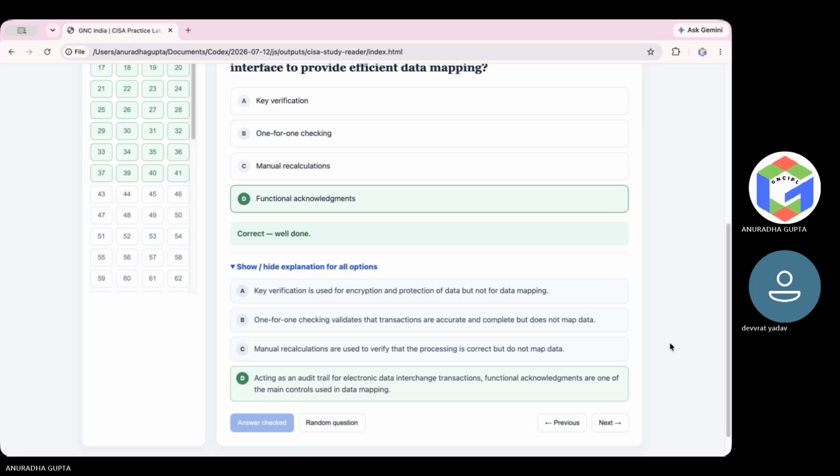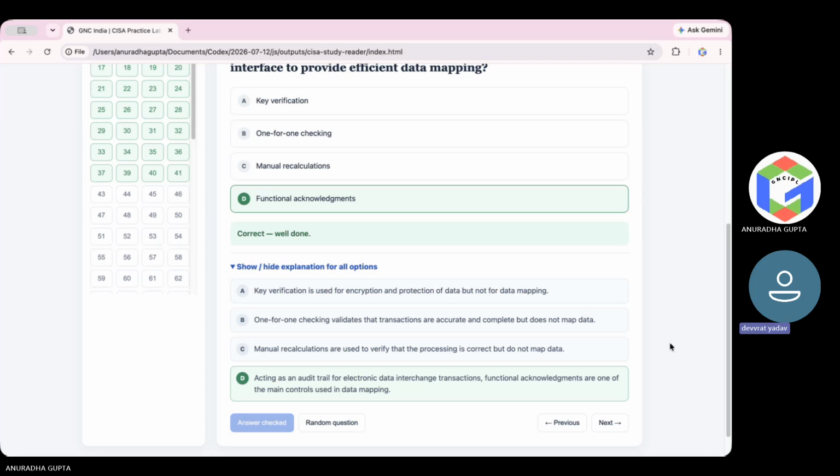For an audit trail for electronic data interchange transactions, functional acknowledgements are one of the main controls used in data mapping. Got it.